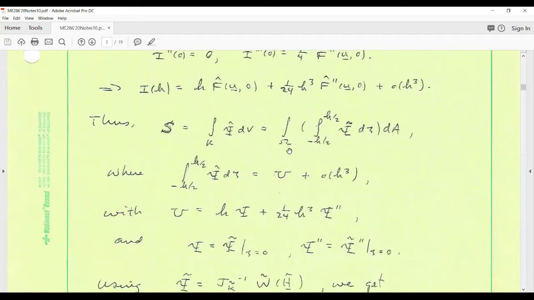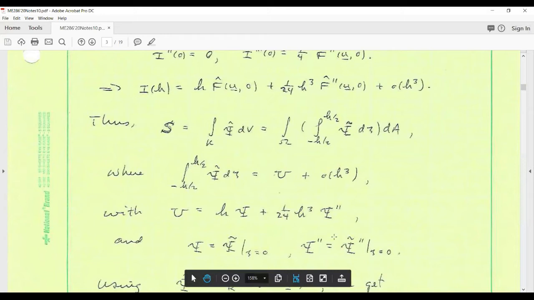So we can immediately appropriate the result we just had to estimate this interior integral. That'll be something plus small o h cubed, where that something is exactly the same here. It's h times the energy evaluated at the midplane. See, without the tilde now. So psi is the psi tilde evaluated at zeta equals 0, plus 1/24 h cubed, the second derivative of the energy evaluated at the midplane.